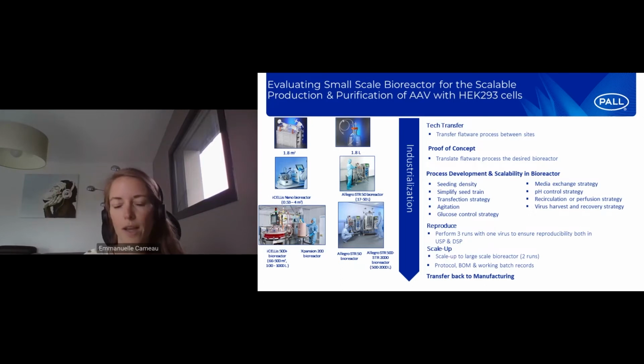Ideally, we do 2 scale-up runs, and then we would transfer back to manufacturing.